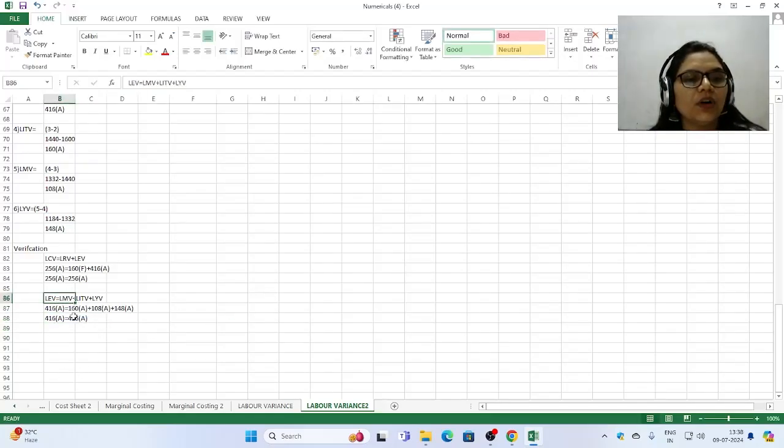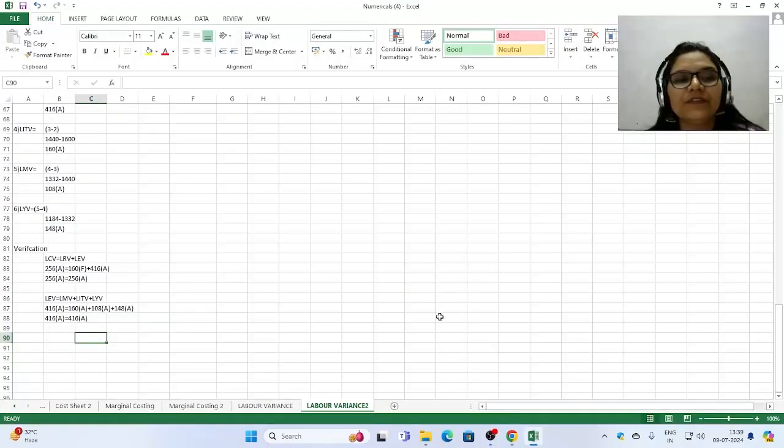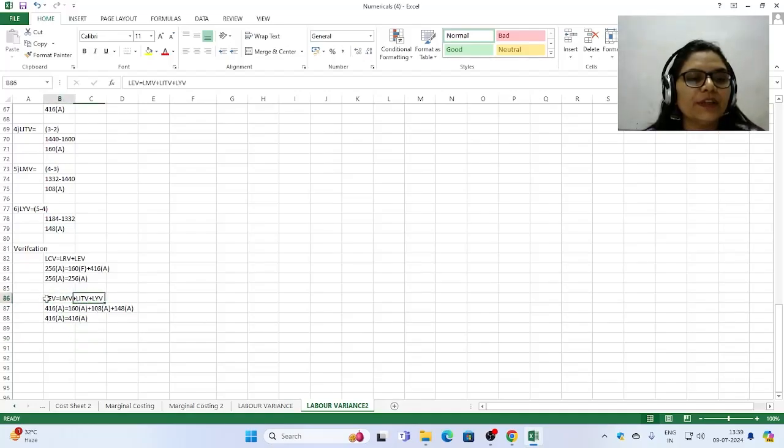So this is all about your labor efficiency variance. And this is all about the verification we have done in case of labor efficiency variance, that labor efficiency variance is equal to labor mix variance plus labor idle time variance plus labor yield variance.